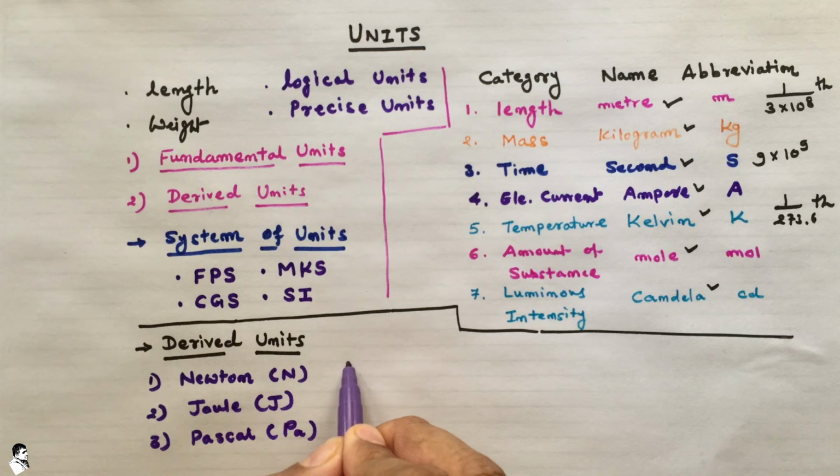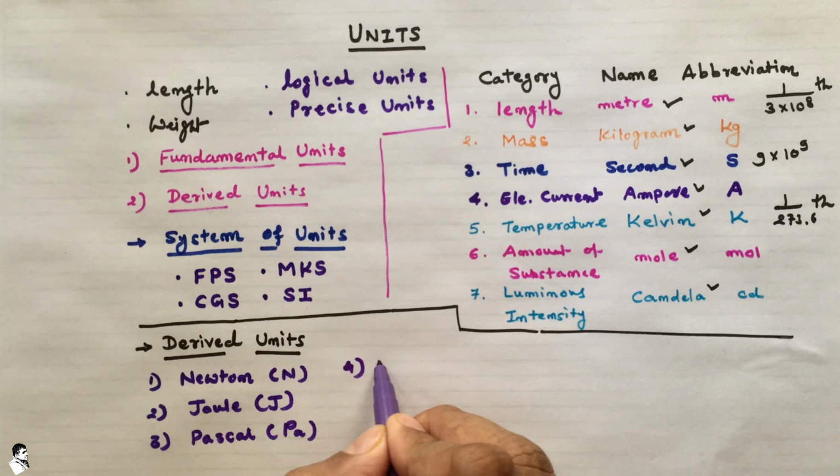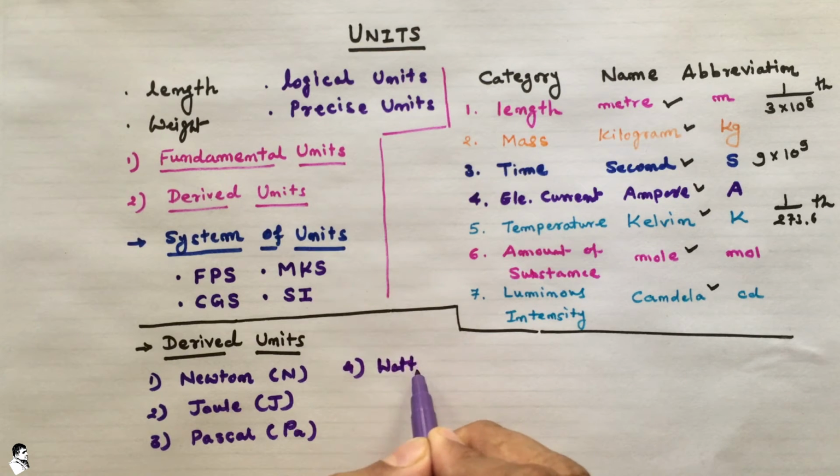After that, we have the fourth one, the Watt, and again the symbol is capital W. It is the SI unit of power and is defined as the rate of 1 joule of work done per second. It is also named after the Scottish engineer James Watt.